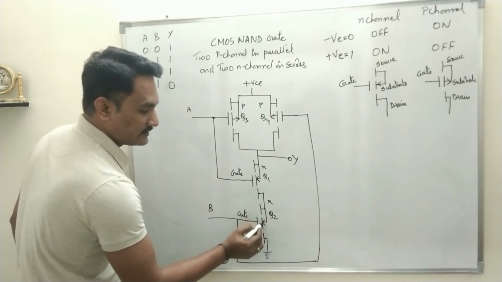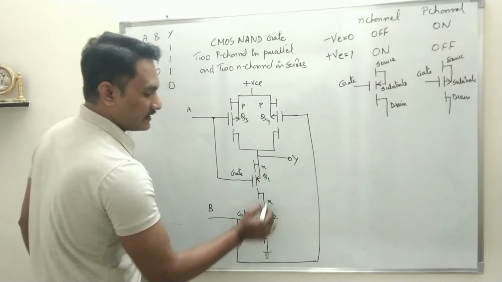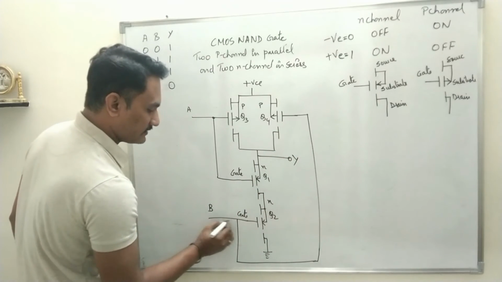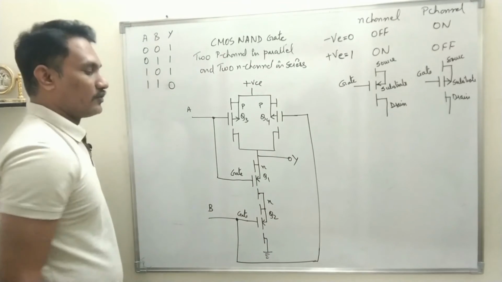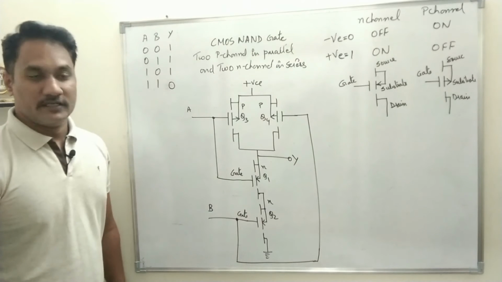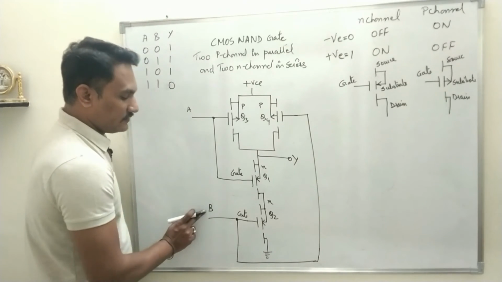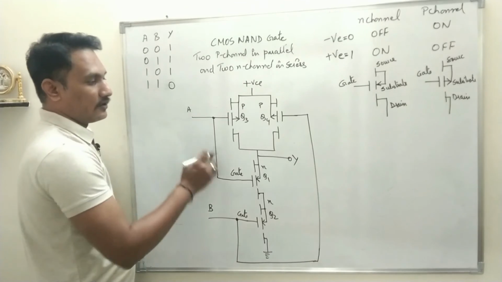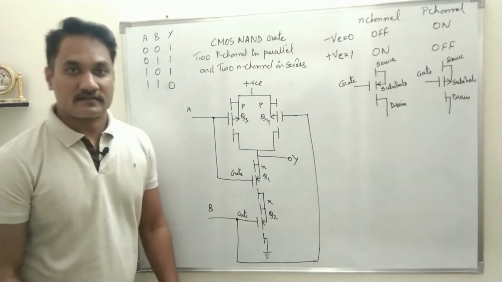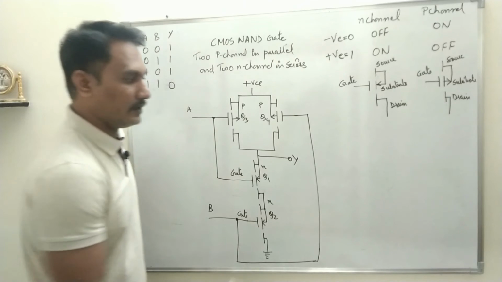Q2 is N channel, Q4 is P channel. So one P channel and N channel are connected together, and one more terminal is taken out. The terminal is B. Whatever the condition we apply at A and B, accordingly the output will change. Let us try to understand by using a truth table.